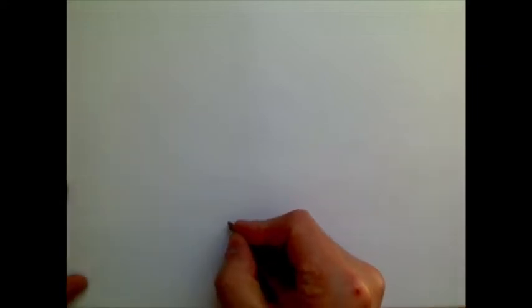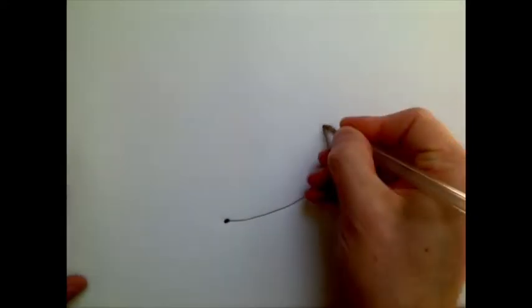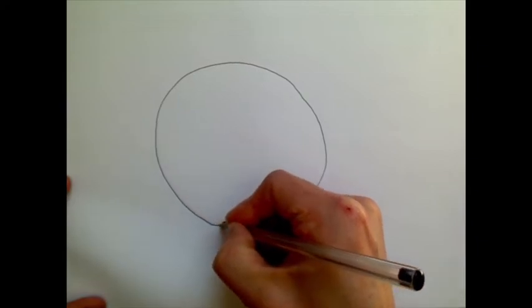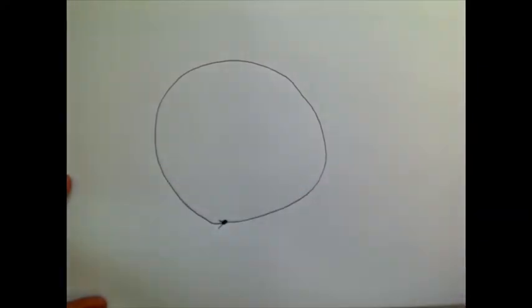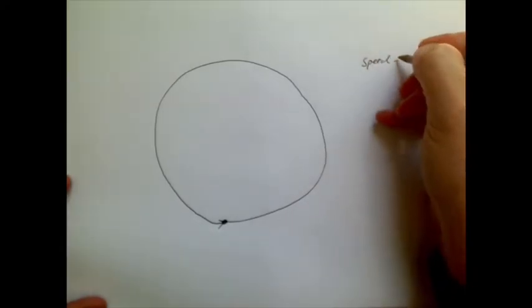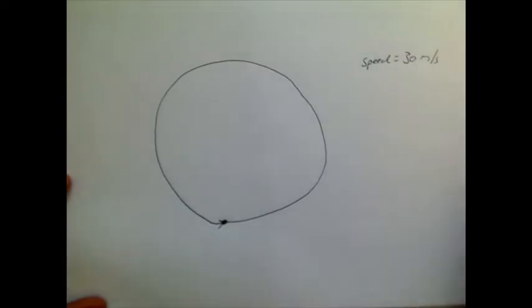Now let's take that same object moving at 30 meters per second and imagine that it is moving in a circle. So someone on a roundabout at a park, for example, or an object in orbit around the Earth. Its speed is still 30 meters per second. It's still covering 30 meters every second.